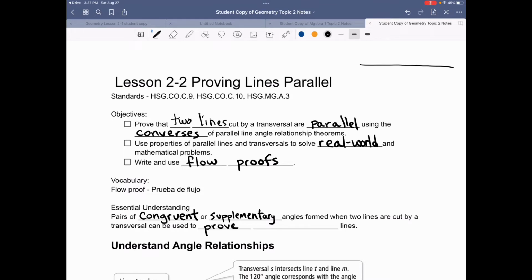So that's the whole objective today, or the main concept: we're proving lines parallel. And we're going to use our ideas of congruent and supplementary angles to be able to do that.